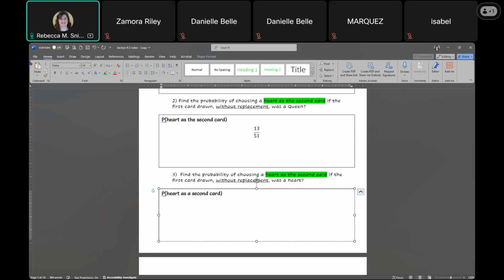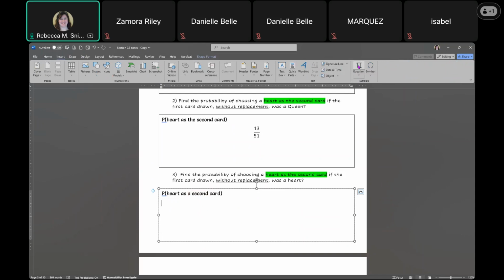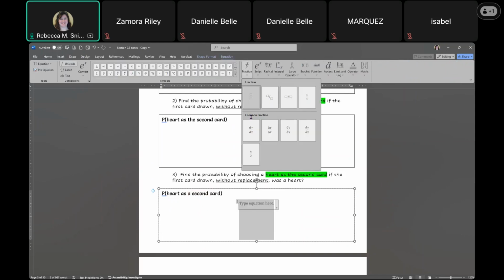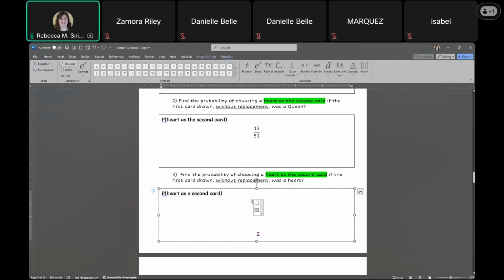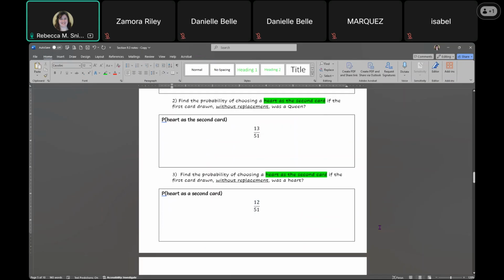So again, if I look at how this probability has to be put together, I'm still creating that fraction. Because of the without replacement, my denominator term is going to be 51. But my first card was also a heart, which means when I go to draw that second card, I only have 12 hearts remaining in my deck because I'm already holding one.